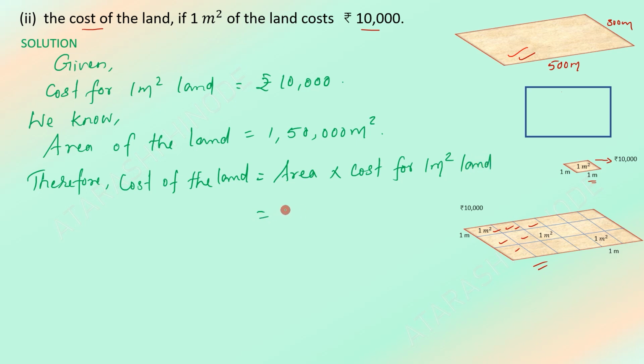That is equal to 1,50,000 into 10,000. For multiplying 15 into 1, that is 15, then put 8 zeros. That much rupees. That is, cost of the land equals 150 crores or 1 Arab 50 crores rupees.